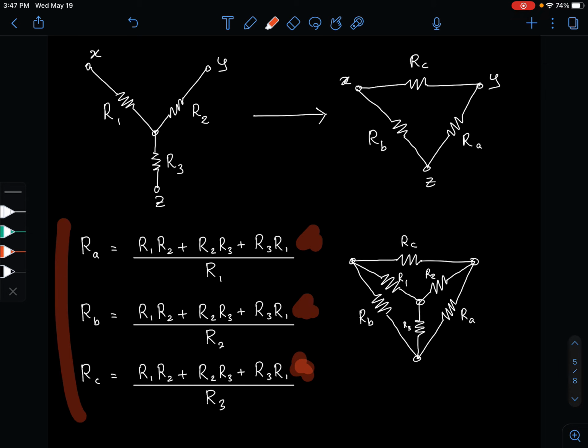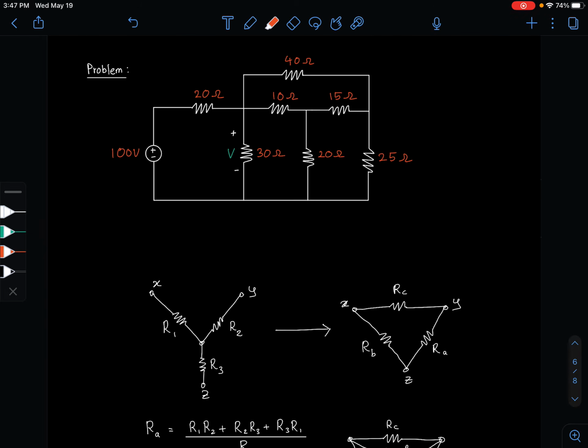And you, again, have to pay attention to the labeling when you convert, because that's what's most important. Once you plug in the values, you can simply obtain the transformed version of the circuit. And while this might be a little bit confusing to you right now, I'm going to explain how to apply it in this circuit right over here.